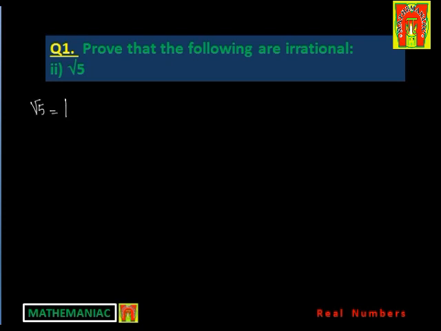Statement already you understood. So my first consideration will be what? This is rational. So I can write this as p by q, which will imply in turn directly, I'll write p square equal to, I did the square also, right? Multiplying the square. So this will imply that 5 divides p square. If 5 divides p square, theorem says 5 divides p, so p will be equal to 5m.